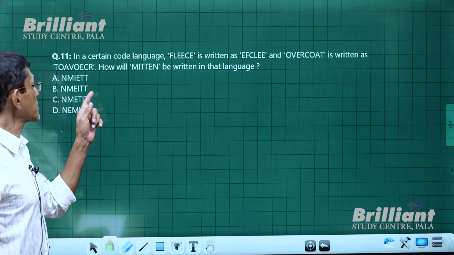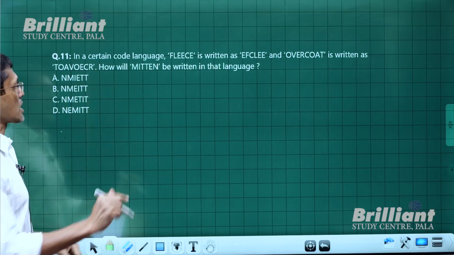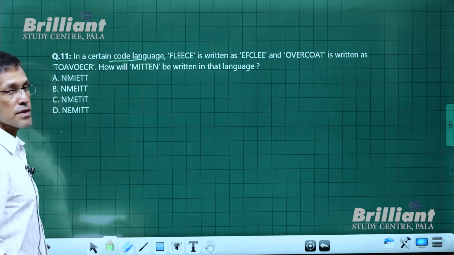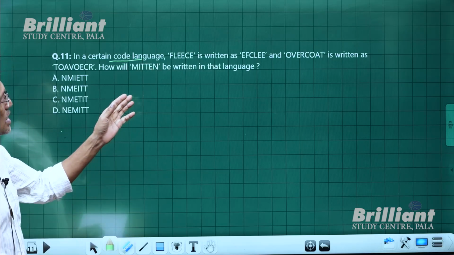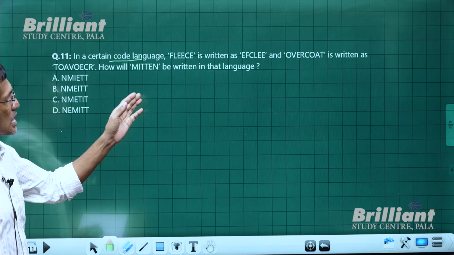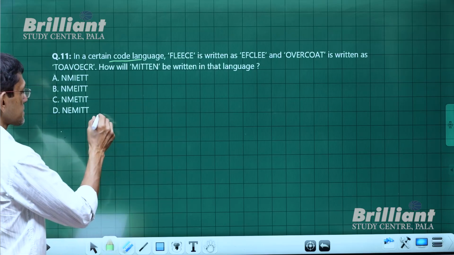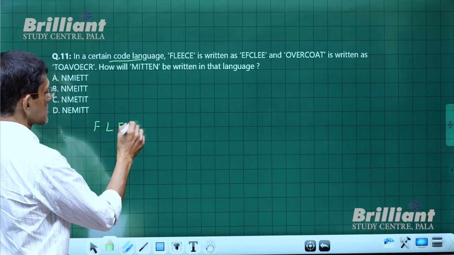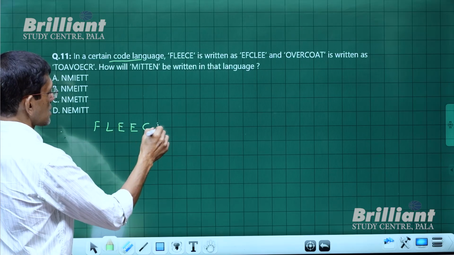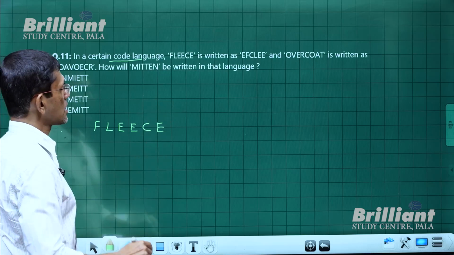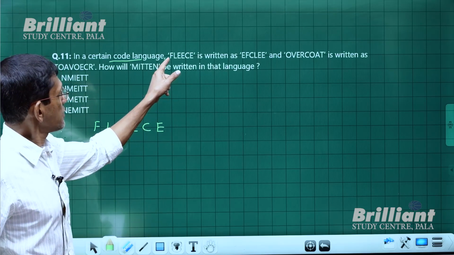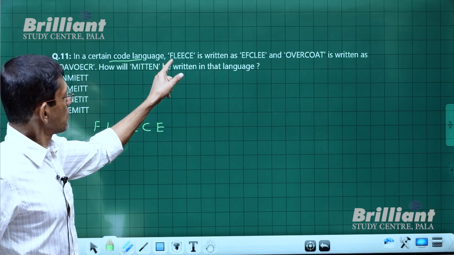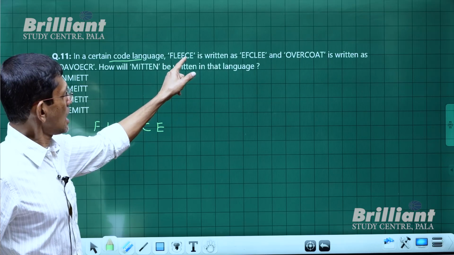Question number 11. In a certain code language, so it's a coding decoding question. Fleece is written as E-F-C-L-E-E. So when you look at the code, here we have one F, one L, 3 E and 1 C, right?